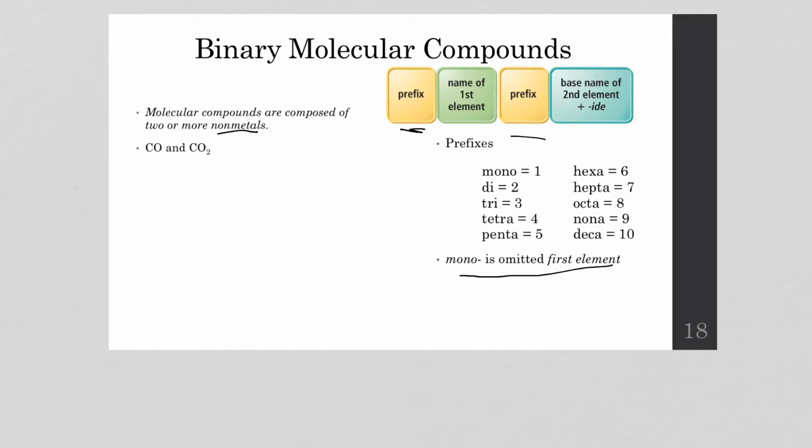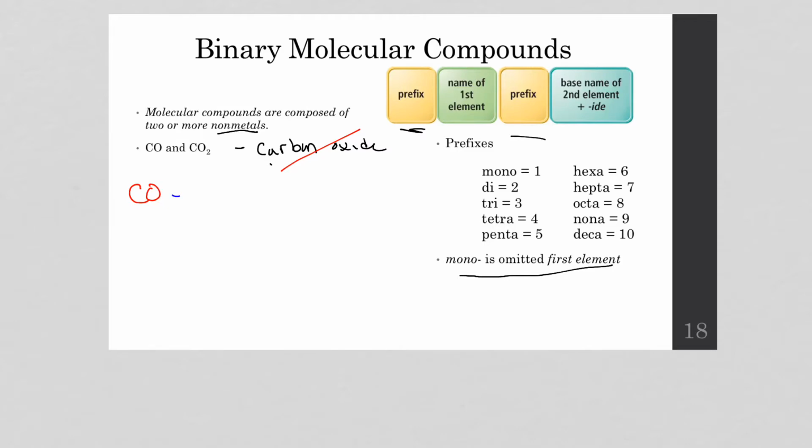So, for example, we couldn't just call these compounds carbon oxide if we eliminated the prefixes, because they would all be the same. So we need to specify how many we have. So we've got our first one, CO.